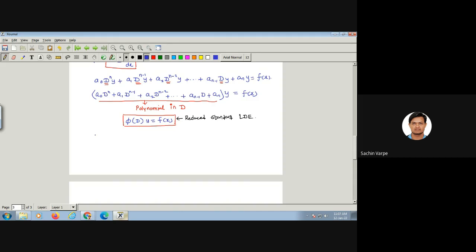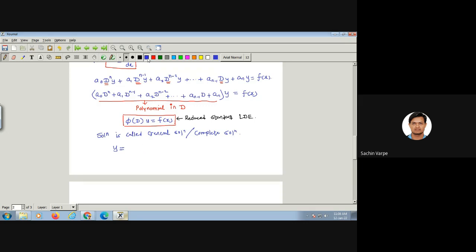This solution is called the general solution or complete solution, and that is the value of the dependent variable y as a function of the independent variable, that is x here.